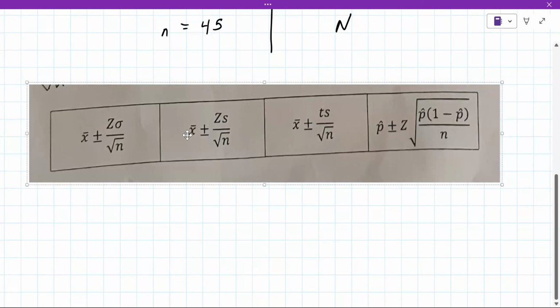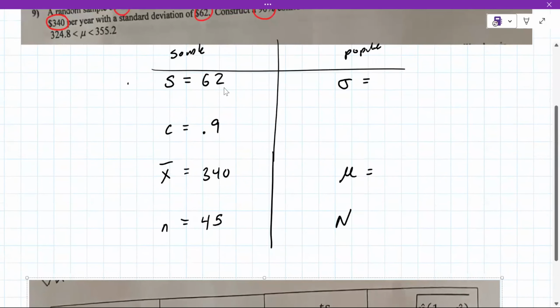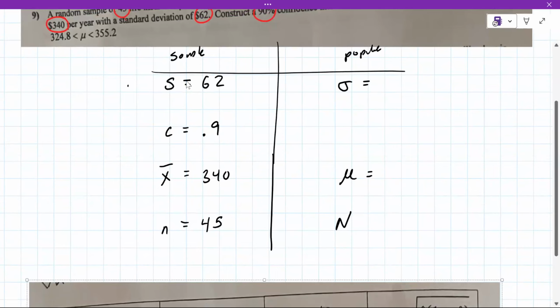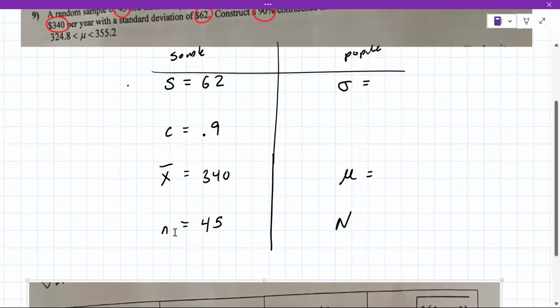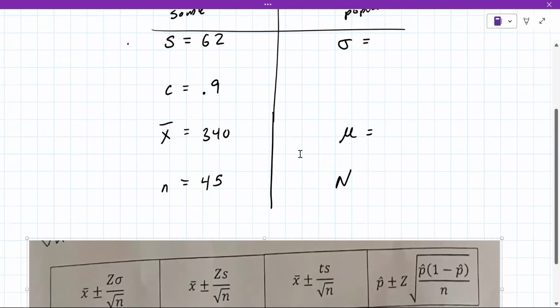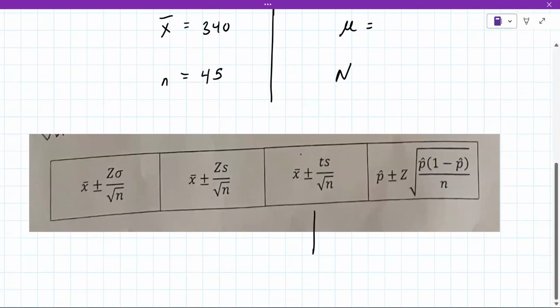You kind of have to go off of what you're given. You're given the sample standard deviation, s, so you're looking at either this one or this one. The way you decide is based on sample size and the fact that the population standard deviation is unknown. So in this problem, we're looking at this one here.